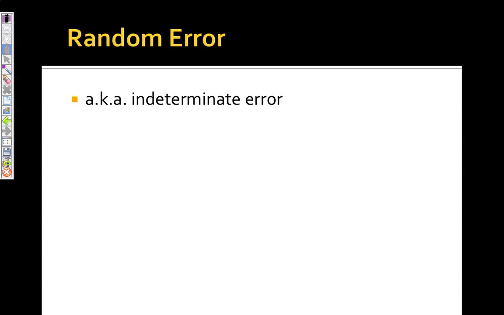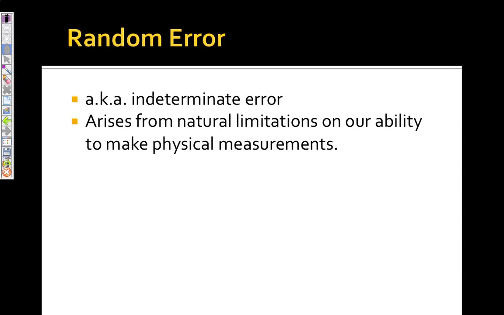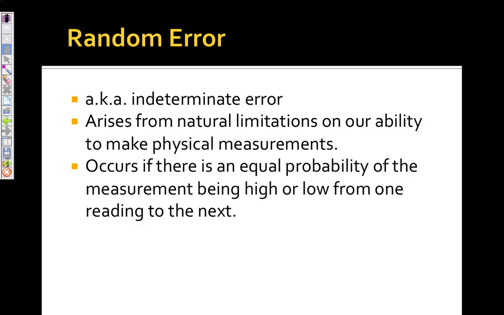Random errors are also known as indeterminate errors. It arises from natural limitations in our ability to make physical measurements. It occurs if there's an equal probability of the measurement being high or low from one reading to the next. So I can't say, oh, this is systematic, they're all clumped together.